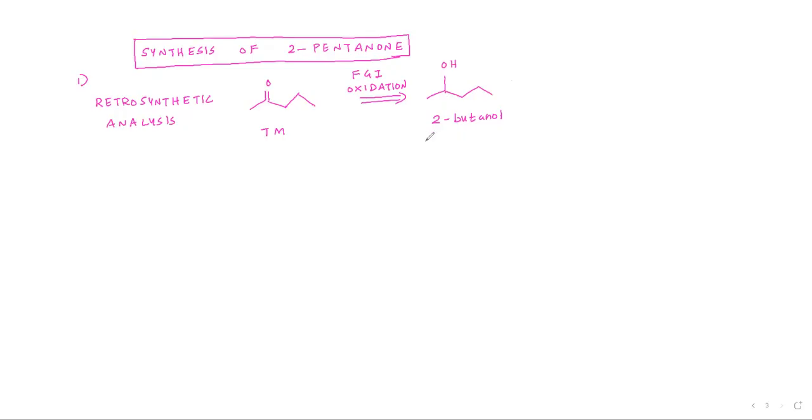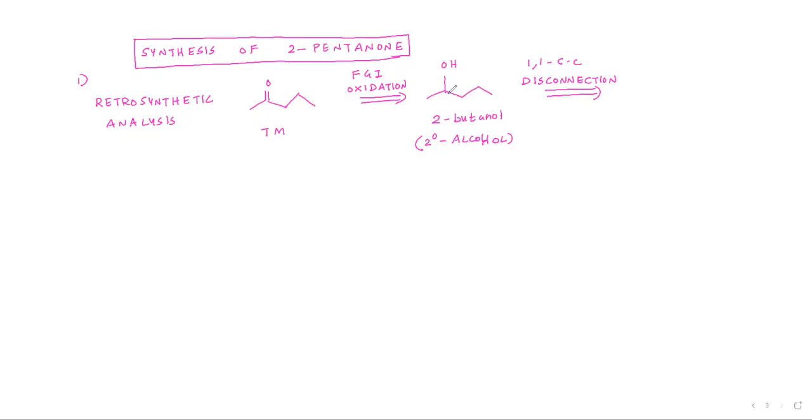This 2-butanol is a secondary alcohol. Now this secondary alcohol is obtained by a Grignard reaction. This is called 1,1-CC disconnection.